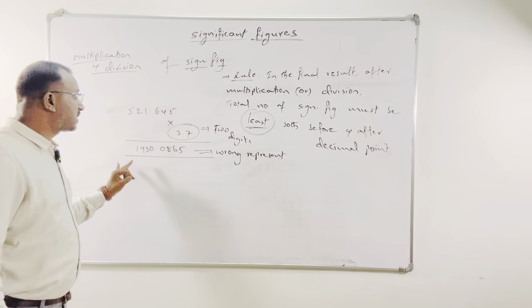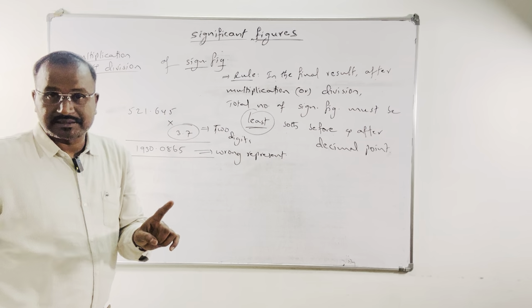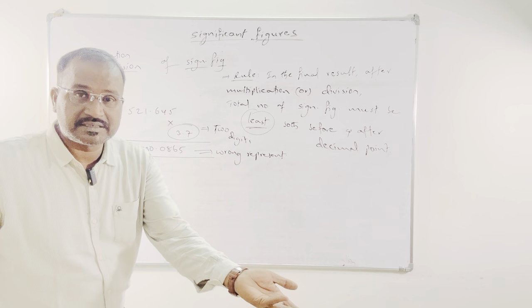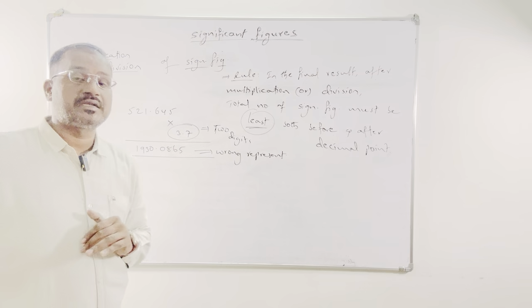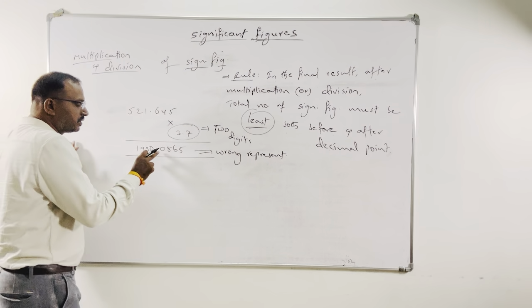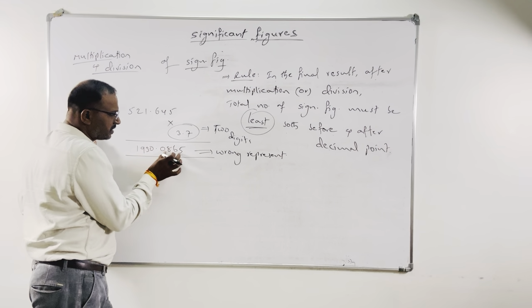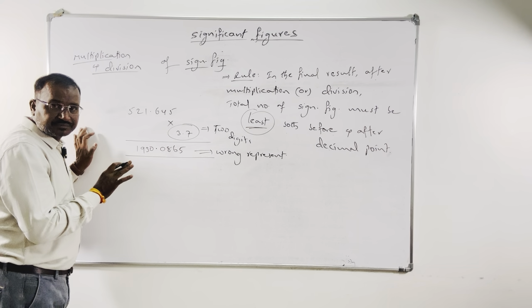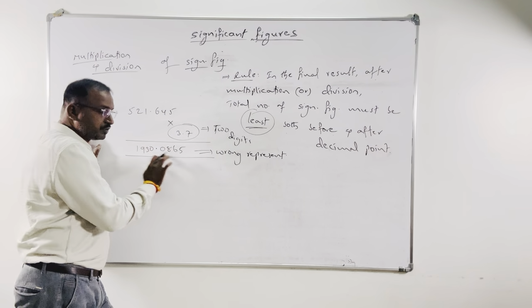So the answer also should be 2 digits. We have to include both sides of the decimal point. Before the decimal point digits we have to take, after the decimal point digits also. In addition and subtraction, we considered only digits after the decimal point, but here both should be considered.